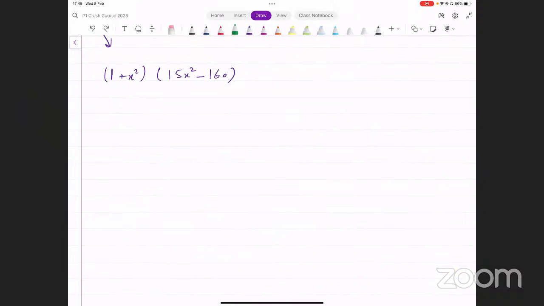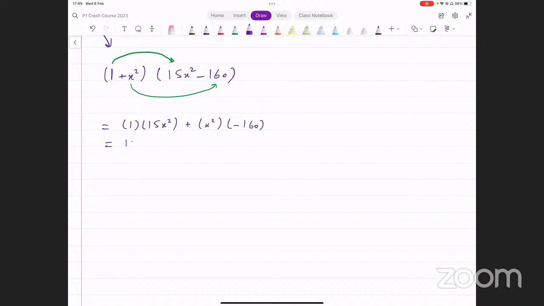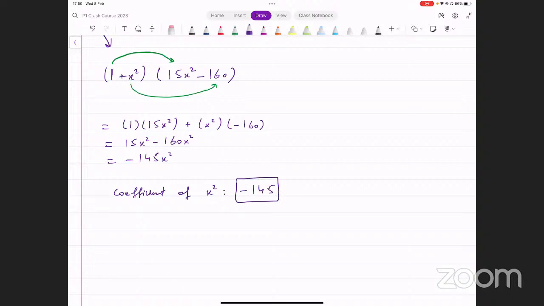We can just multiply 1 with 15x squared and x squared with minus 160, and that is going to give us the required term. That's 1 into 15x squared plus x squared into minus 160. And that gives us 15x squared minus 160x squared, and that's minus 145x squared. Since we were looking for the coefficient of x squared, that turns out to be minus 145, and that is our answer.